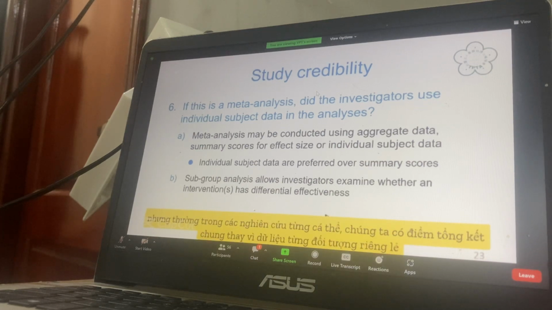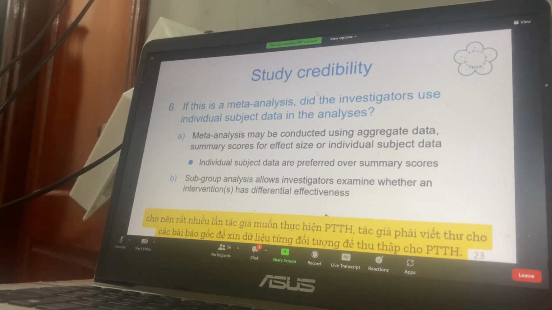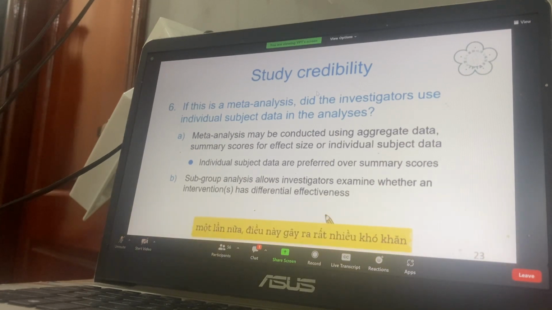But usually in an individual original article, we can only get the summary score instead of individual subject data. So a lot of the time, if an author wants to conduct a meta-analysis, the author will write to the authors of the original article and ask them to provide individual subject data to include in their meta-analysis.